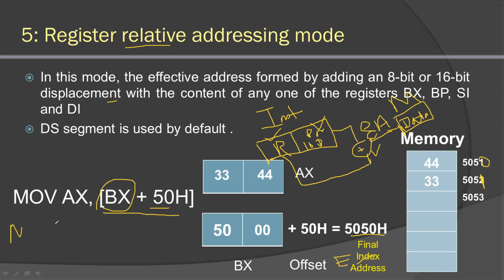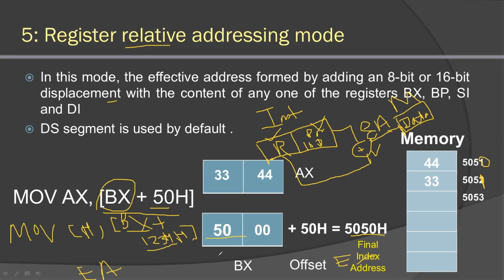Move, for example, move CH, comma BX plus 1234H. What will be the effective address? Not physical address. Effective address will be the sum of BX value and this 1234.